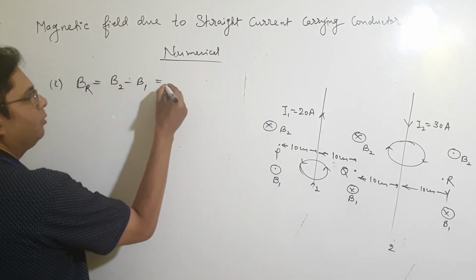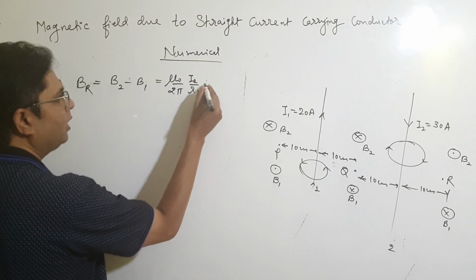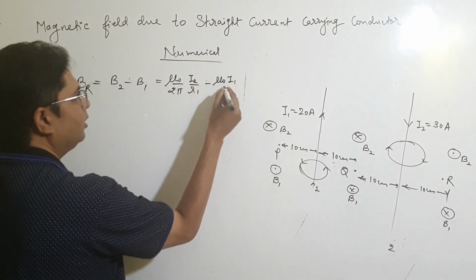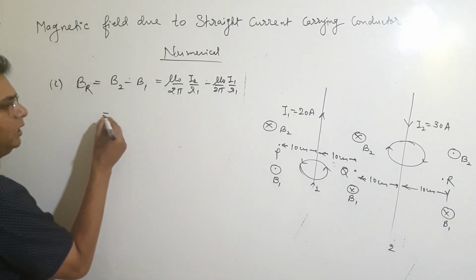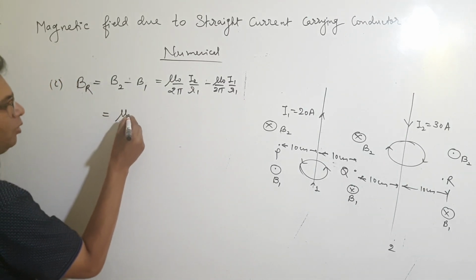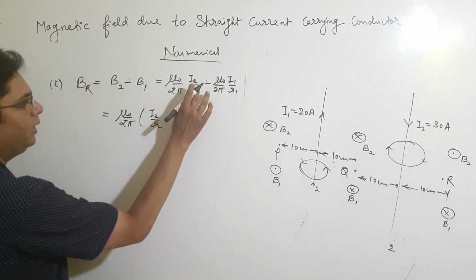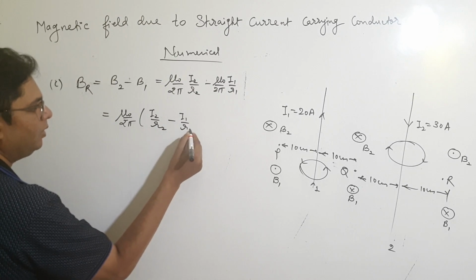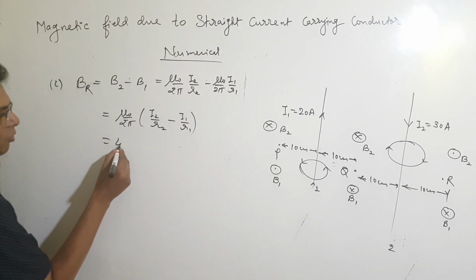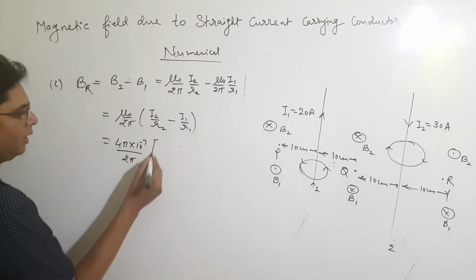So this is mu naught upon 2 pi I2 upon R2, minus mu naught upon 2 pi I1 upon R1. Take the constant term mu naught upon 2 pi outside the bracket: I2 upon R2 minus I1 upon R1. Now this is 4 pi times 10 to the power minus 7 upon 2 pi under bracket.